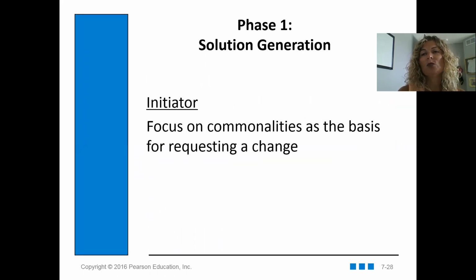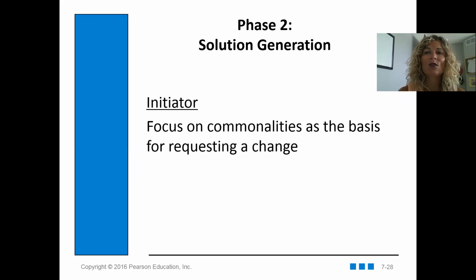All right, so once we can work through that first phase, now we can agree that there's an issue, and now we can start looking at solutions. And so again, as the initiator, look for commonalities, things that we can agree on, things that are common from both parties, as a way to start the generation phase.